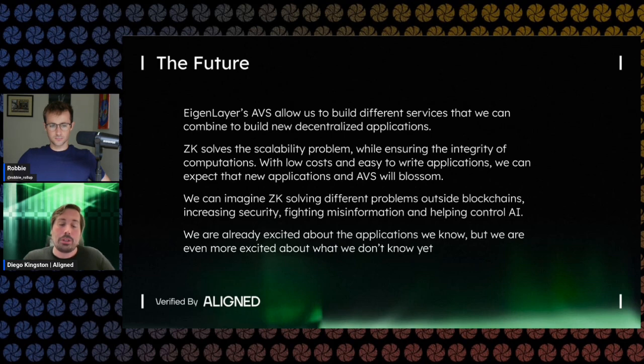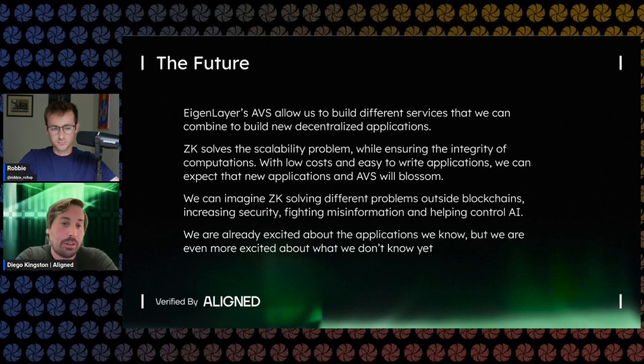And also, they are useful for these decentralized apps, because at some point you will have to re-execute or do something, and ZK is a way of reducing the amount of re-execution you have to do. And so with lower costs and easy-to-write applications, we can expect that developers will find ways to use these technologies to build new, interesting products. I think it's going to be great.